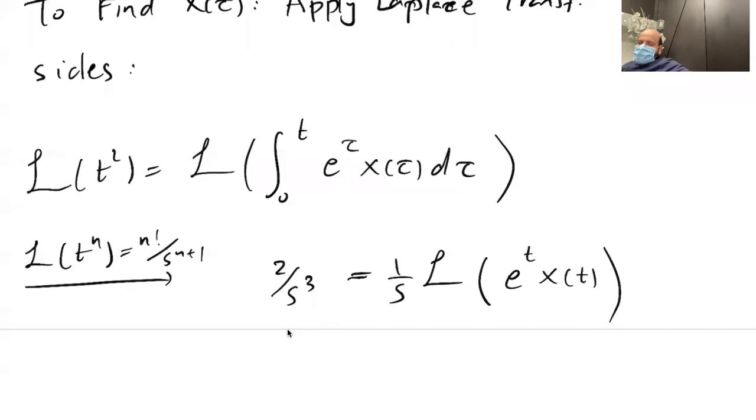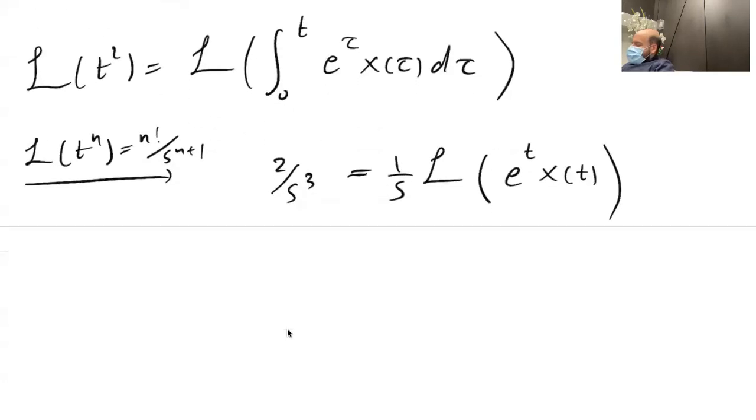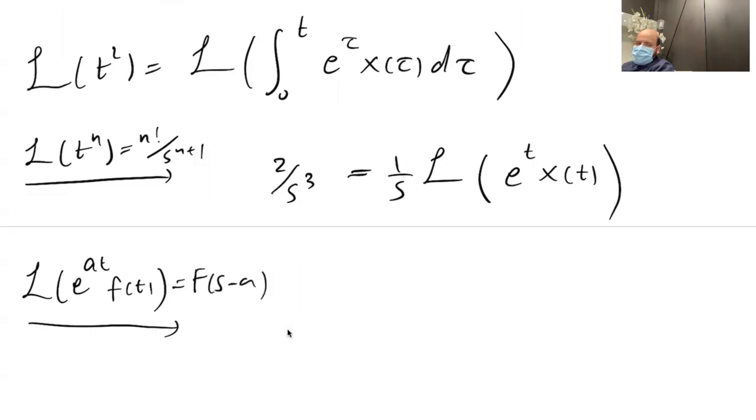Now, the Laplace transform of e to the power t x of t, we had a formula for it in our table from before. If you remember, the Laplace transform of e to the power at f of t can be written as capital F of s minus a, if capital F of s is the Laplace transform of f.